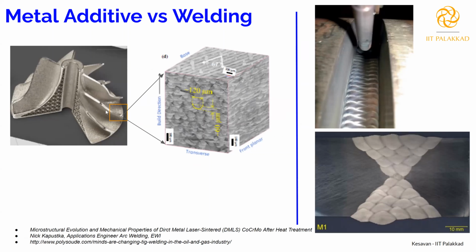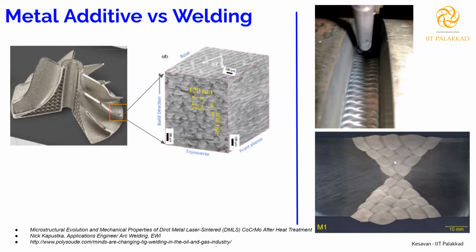If I compare this scenario with welding, which you are seeing on the right hand side, even in the welding process you are developing a component, or joining materials, by layer. Basically you are introducing different beads, and those beads help to join the materials. So finally, you end up making a component, or you are joining the component.